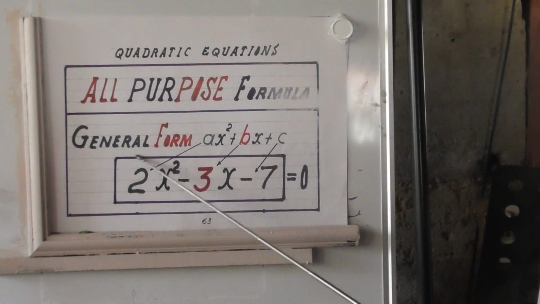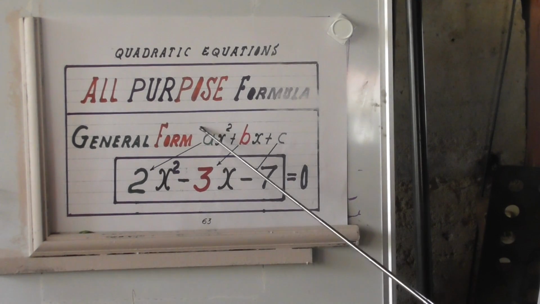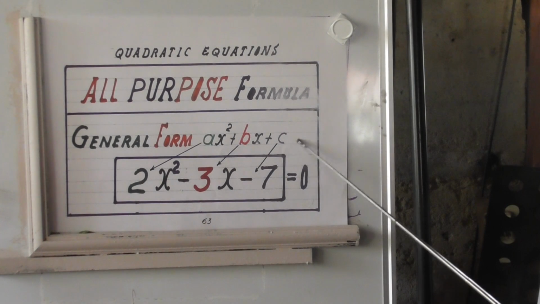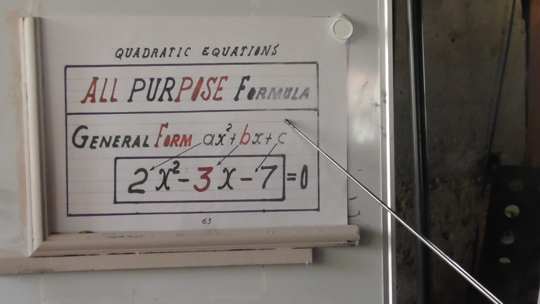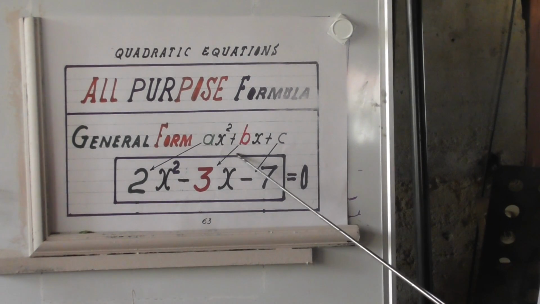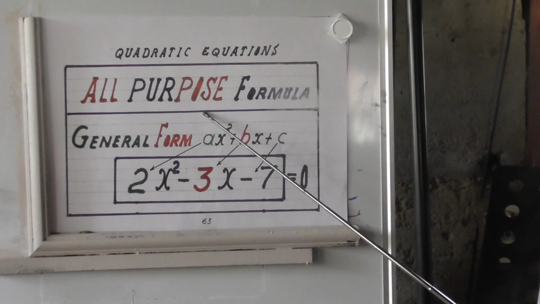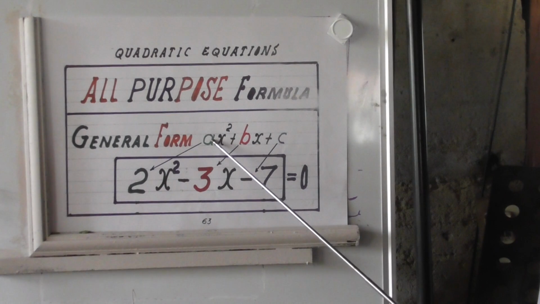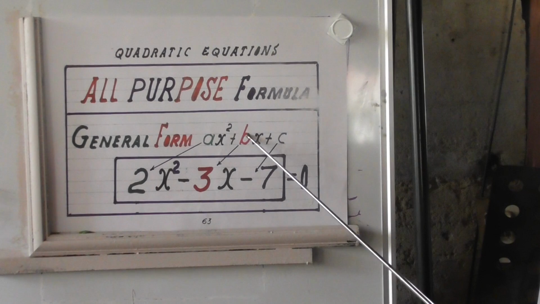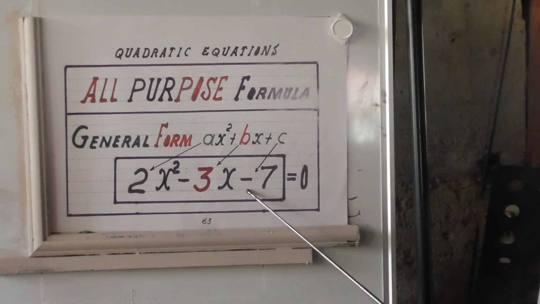This is a specific form. This is the general form, so that next time these letters go in the formula. And all you have to do in the formula, in this case a is 2, and instead of b you have negative 3, and instead of c you have negative 7.